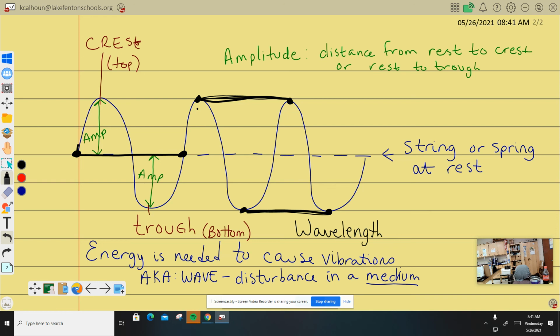Wavelength is distance from one point to another. Like crest to crest.